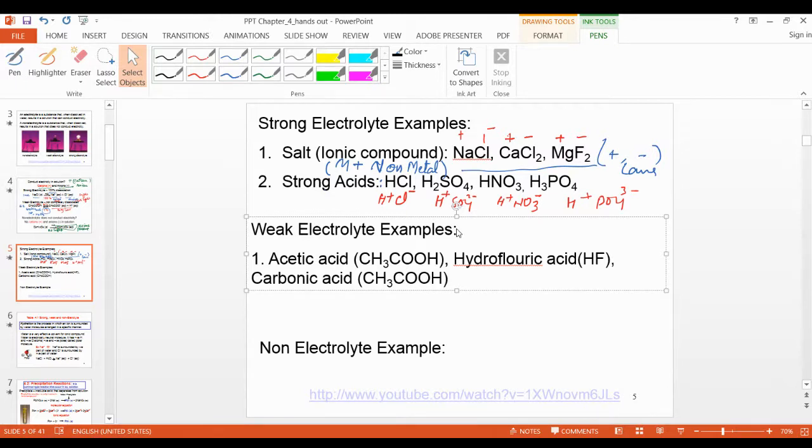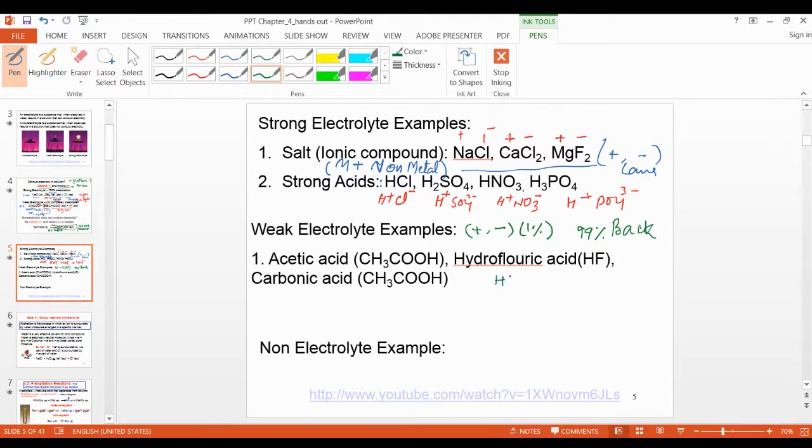So these are the weak acids. In these weak acids, you will get only plus and minus how much? 1%. 1% dissociate. All right, and 99% back.